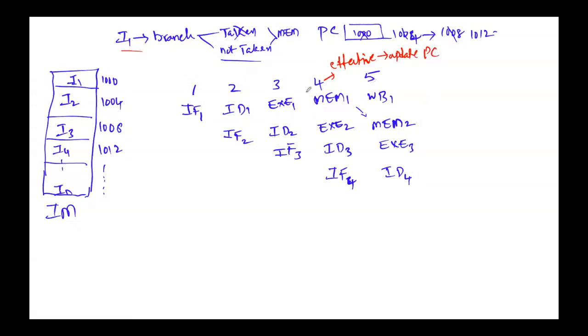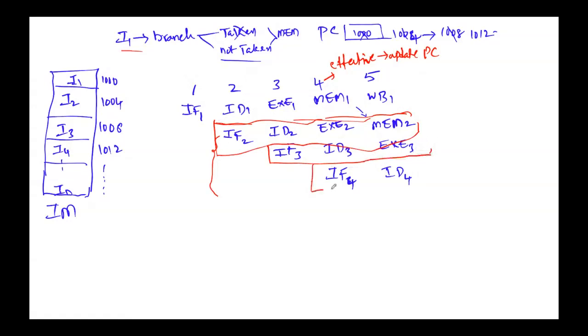As soon as the program counter is updated, if the branch is taken, then whatever subsequent instructions were taken should be flushed. They must be removed from your pipeline. All these instructions must be removed from your pipeline.